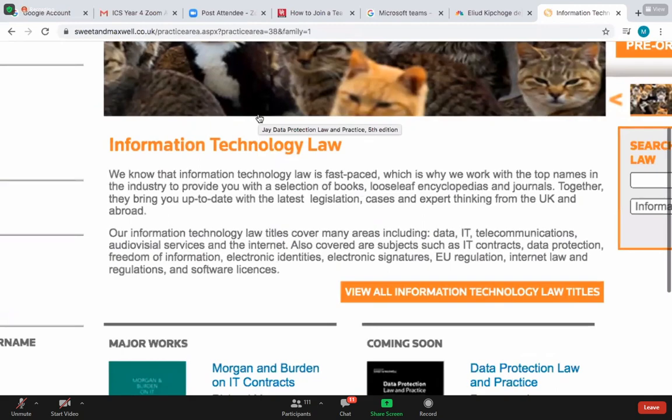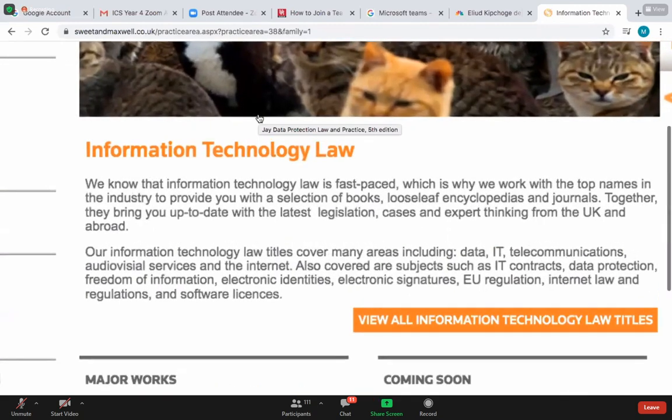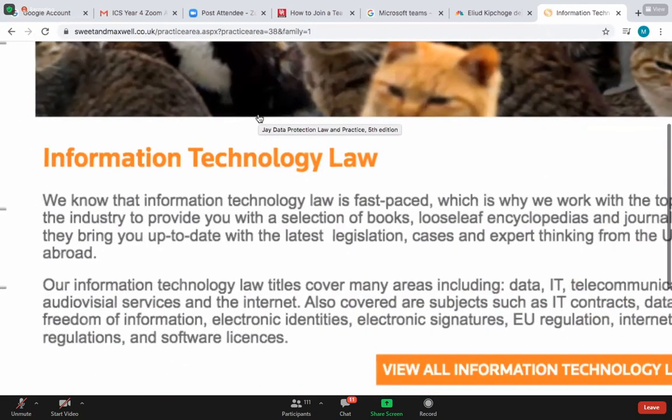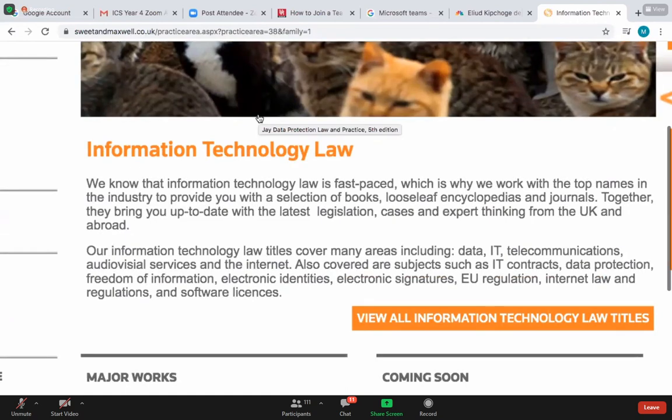We know that information technology law is fast paced, which is why we work with top names in the industry to provide you with a selection of books. Sweet and Maxwell is a publisher in the UK. Loose leaf encyclopedias and journals together bring you up to date with the latest legislation, cases, and expert opinions from the UK and abroad.